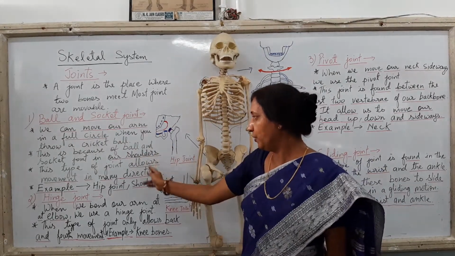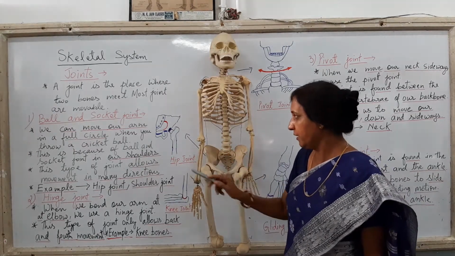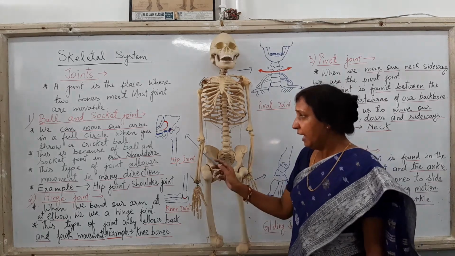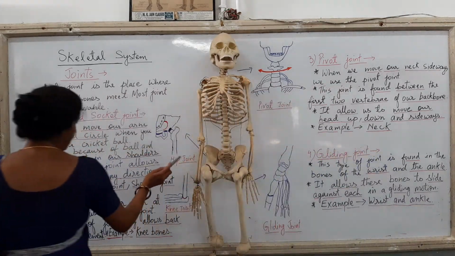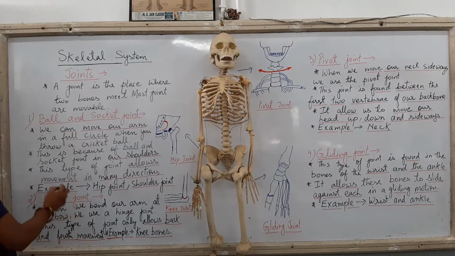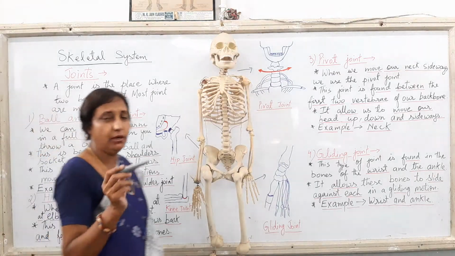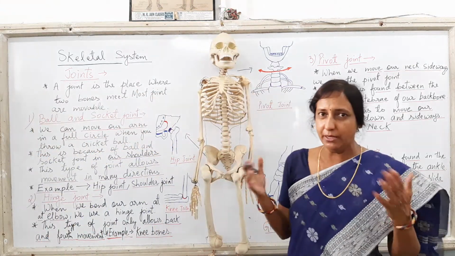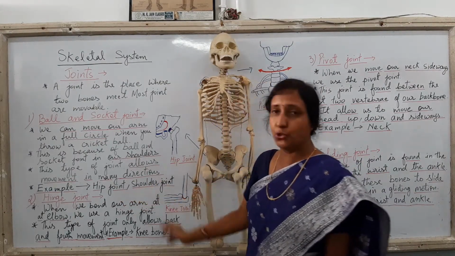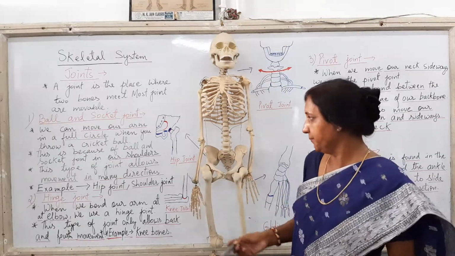A second example of the ball and socket joint is the hip joint. I have drawn the diagram of the hip joint here, you can see. This kind of joint helps in movement of the hip also. This type of joint allows movement in many directions. You must remember, it helps you to move in many directions. For example, the hip joint and the shoulder joint. These are the two examples of the ball and socket joint.